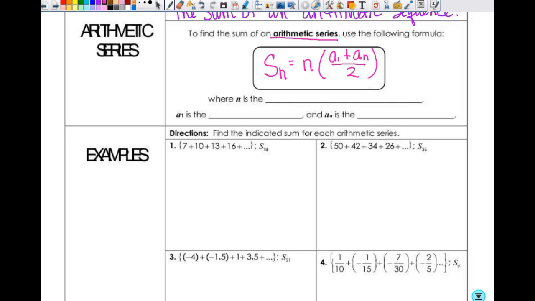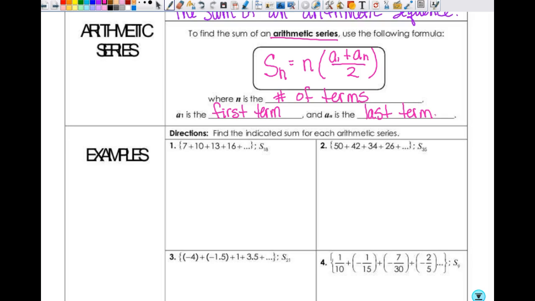I'm going to find those things either from the sequence itself, or if it gives me the rule, I can use that. n is the number of terms, a sub 1 is the first term, and a sub n is the last term.